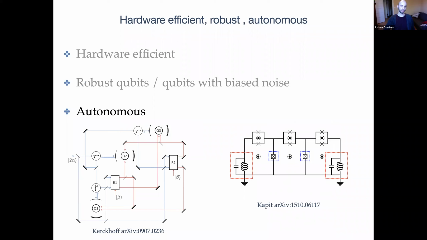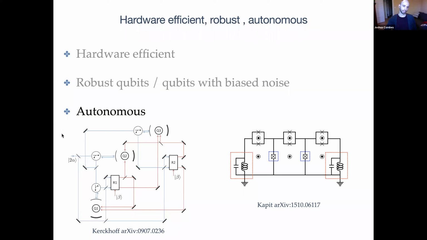The final reason is that there's a real possibility that we could make the error correcting codes autonomous. We could make hardware that makes the entire error correction procedure autonomous. This kind of idea started a long time ago with Mohan Saravar and Jared Milburn.